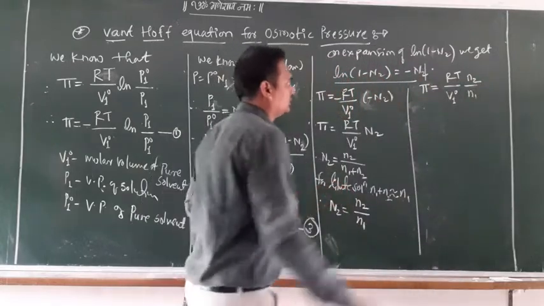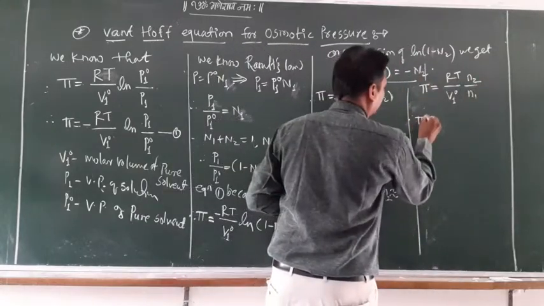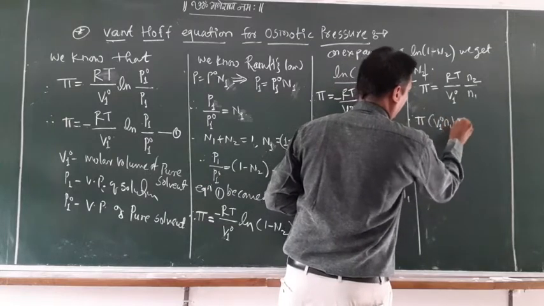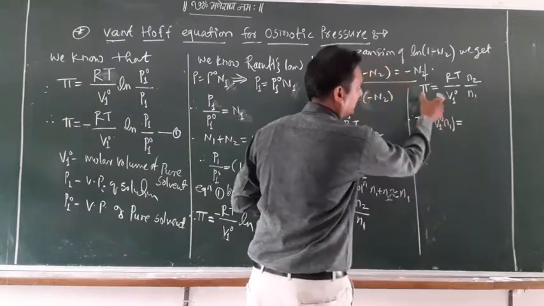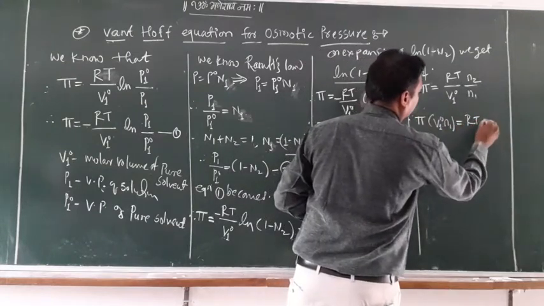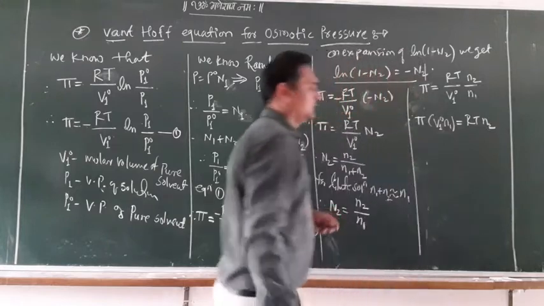Okay, so I am writing this equation as pi in bracket V1 naught into n1 is equal to RT into n2, where both terms have been transferred to this side.